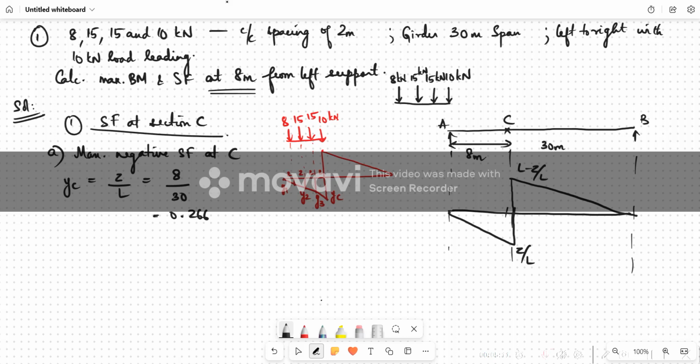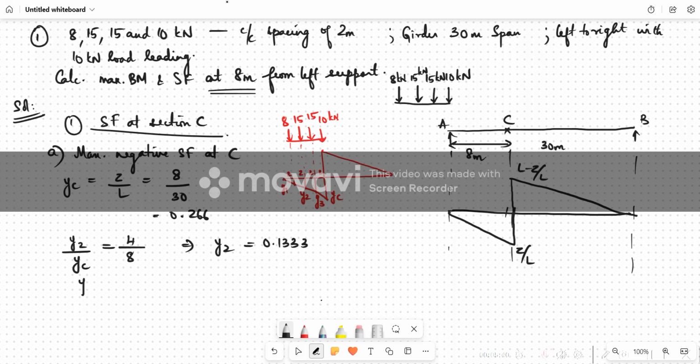For finding y1, y2, y3, you have to use the principle of similar triangles. So y2 divided by yc is equal to 4 divided by 8. This gives y2 as 0.133.